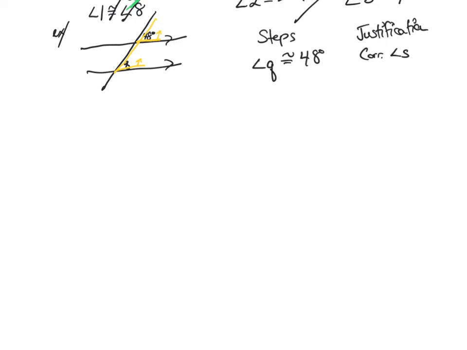There's one more important grouping of parallel transversal angles, but they're a little different. These are called co-interior angles. And when we're thinking of co-interior angles, we look for C, but it's important to note that these are not congruent angles.